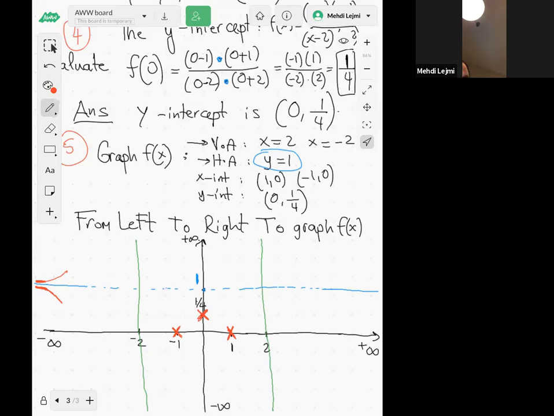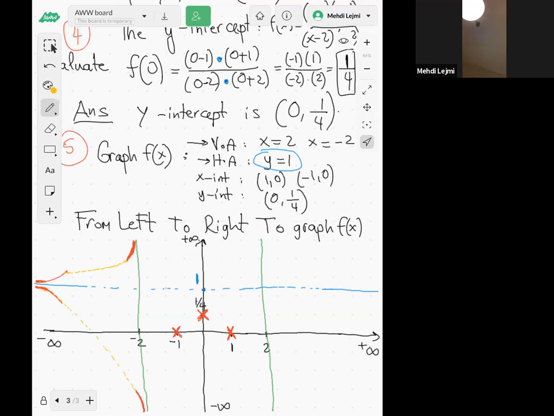So my graph is supposed to go to positive infinity, so it's supposed to be here, or the other option is that my graph is close to my vertical asymptote at negative infinity, at the bottom. So we have two options: you start from above the horizontal asymptote and go all the way to the top, or you start from below the horizontal asymptote and you go down here.